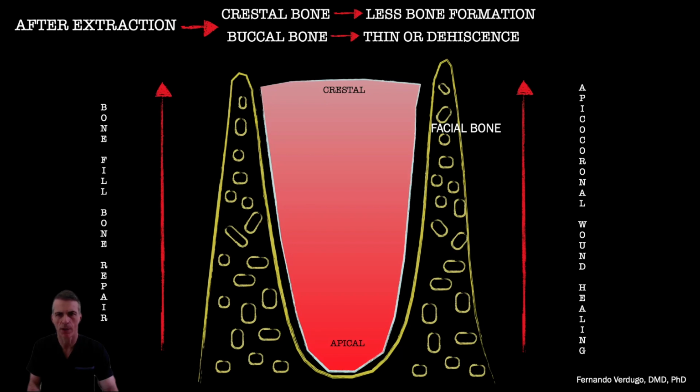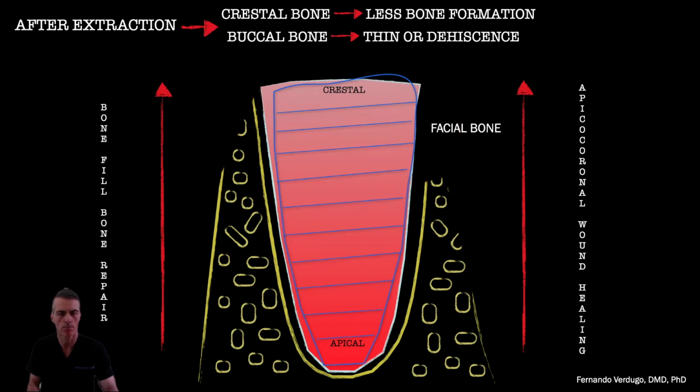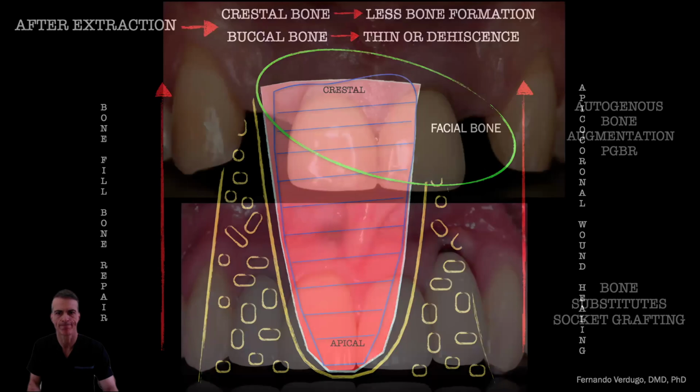When the tooth is extracted, we can have a process of remodeling, especially if we have a very thin buccal bone that can compromise the aesthetics of the buccal aspect. And this is seen more commonly on anterior implants. So definitely the crestal aspect is key. We need to do everything possible to boost new bone formation at the crestal aspect specifically.